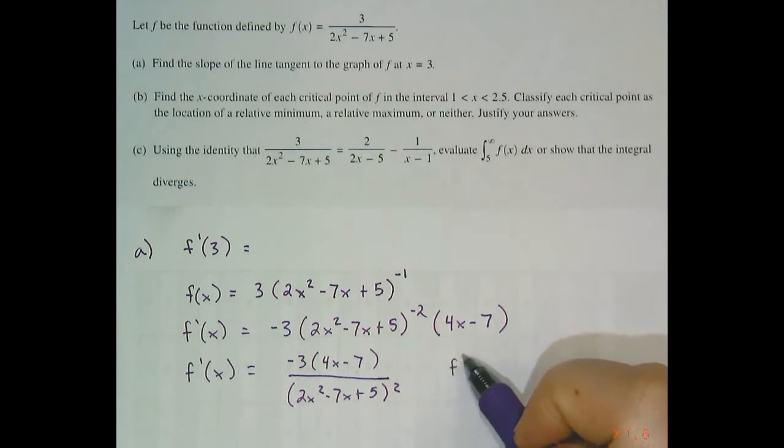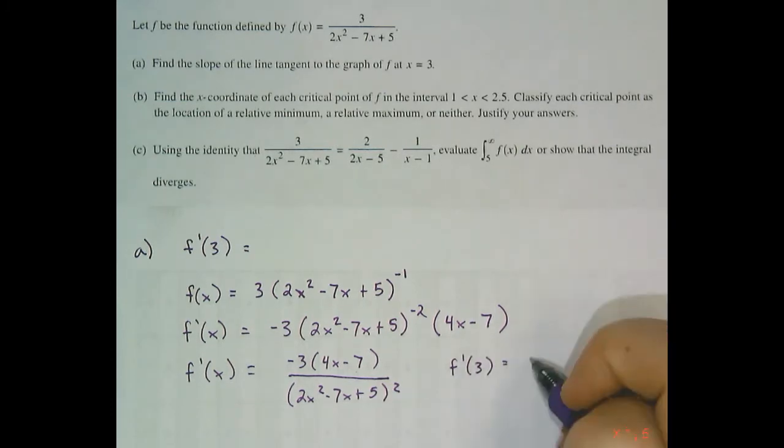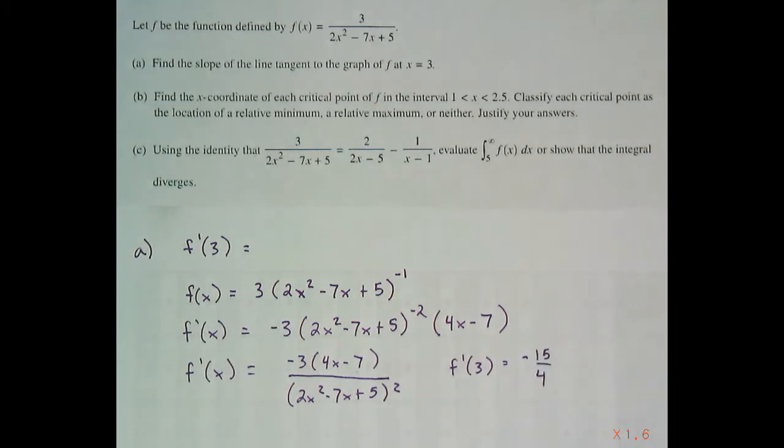So f prime of 3, if we plug 3 in, would come to negative 15/4. The grading for this portion of the test was worth 2 points for finding f prime of 3. So I think the graders were very much either you get f prime of 3 correct or you do not.